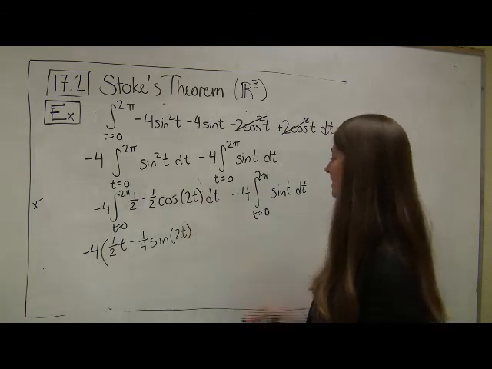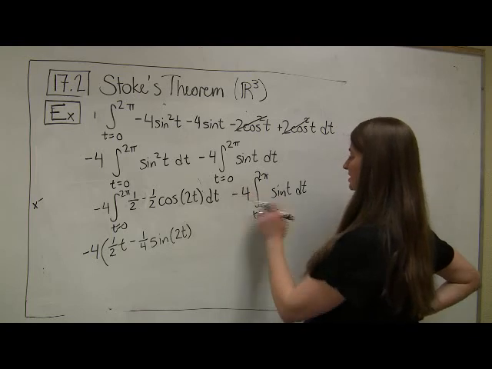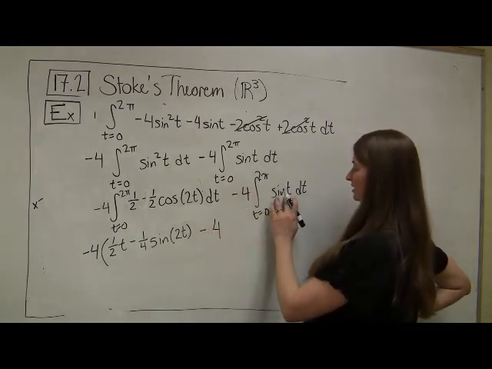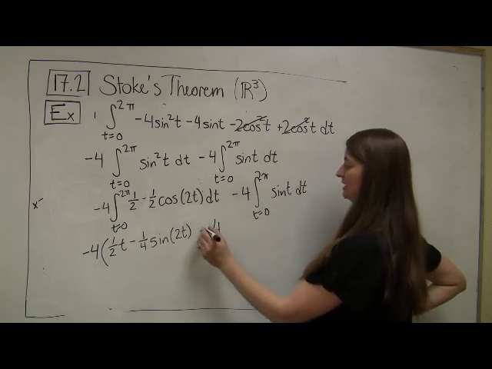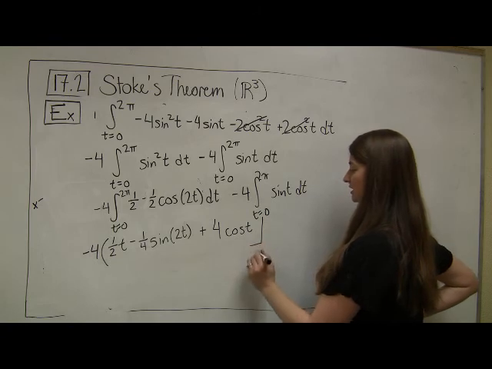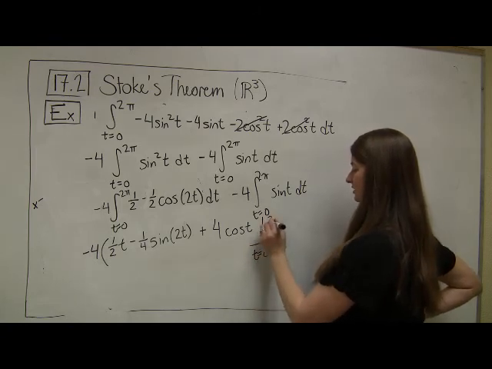I'll wait on the evaluation, because this one's another term that's easy to integrate. Minus 4, the integral of sine of t is negative cosine t. So this whole thing is going to be evaluated from t equals 0 to 2 pi.